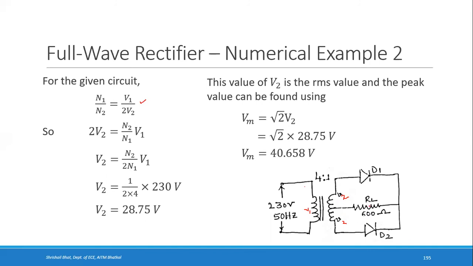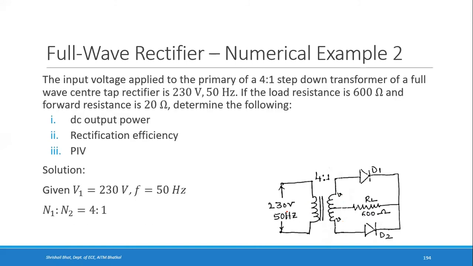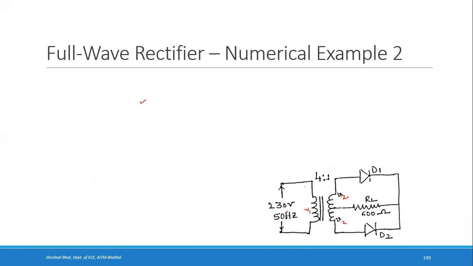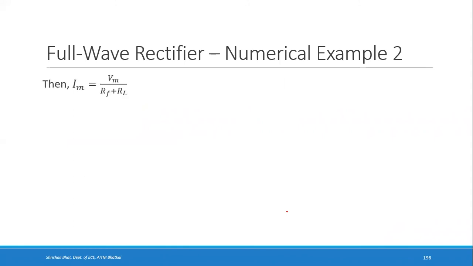So using this V2, you find Im. What are the things you are asked to find here? You're asked to find output power, efficiency, and PIV. So you find IDC, IRMS, efficiency, then PIV. Im you can find as Vm divided by RF plus RL. Vm is 40.658 divided by RF is 20, RL is 600.